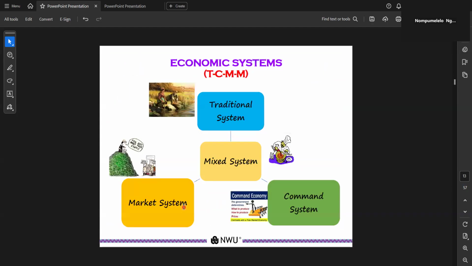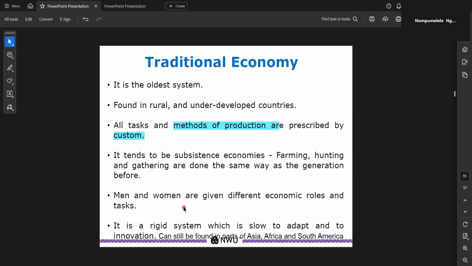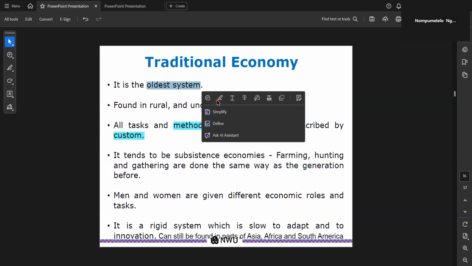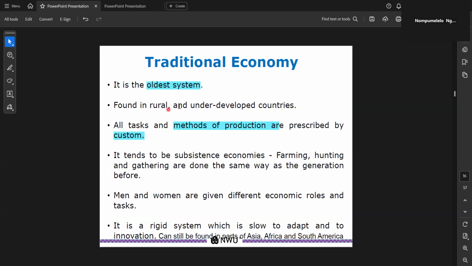So the traditional economy is the old system, the oldest system. It is found in rural and underdeveloped countries. All tasks and methods of production are prescribed by custom, meaning that it's a traditional way of doing things.